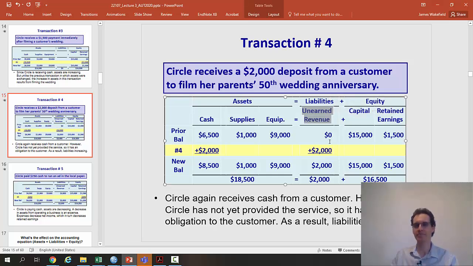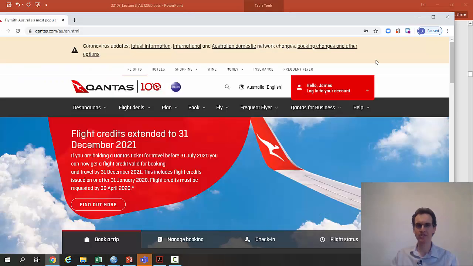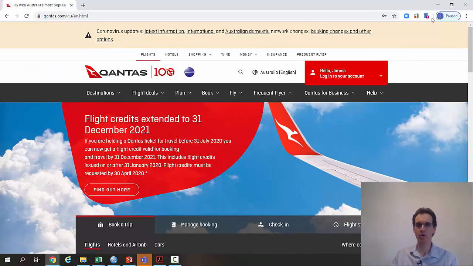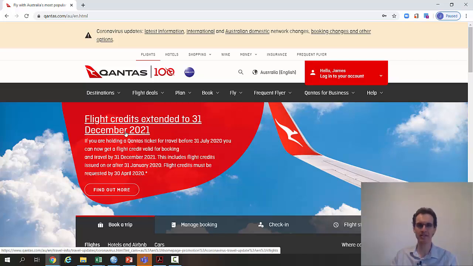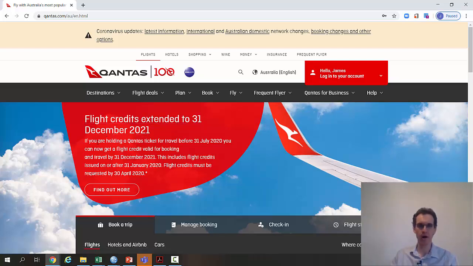Now, what is unearned revenue? Some of you unfortunately have booked flights recently, for example, through Qantas. And if you log on to Qantas's website, you'll probably see something like this. It says flight credits extended to 31 December 2021. If you are holding a Qantas ticket for travel before 31st of July 2020, you can now get a credit valid for booking and travel by 31 December 2021.